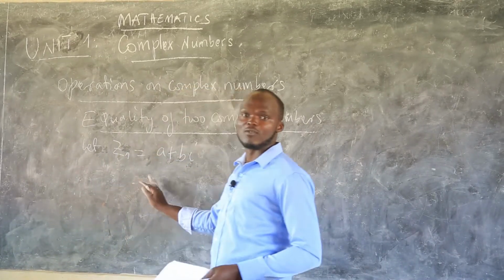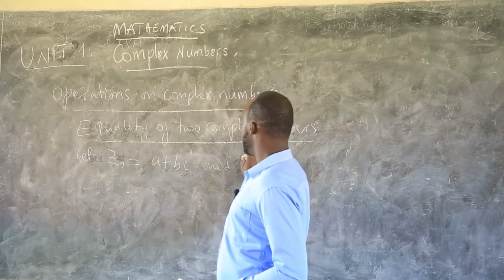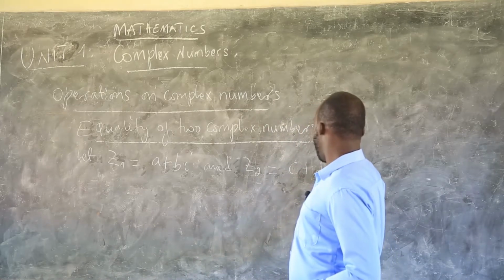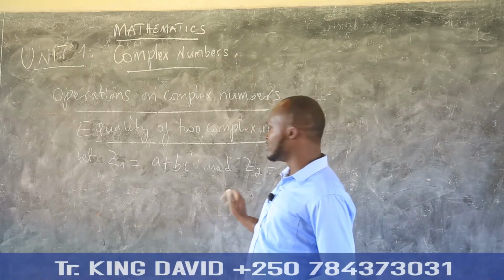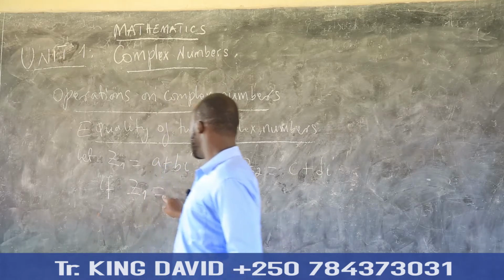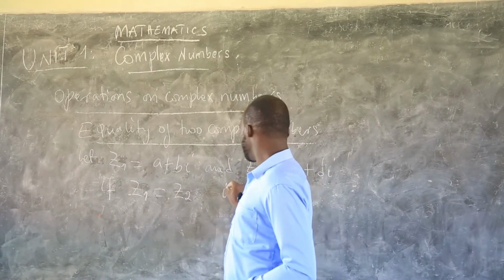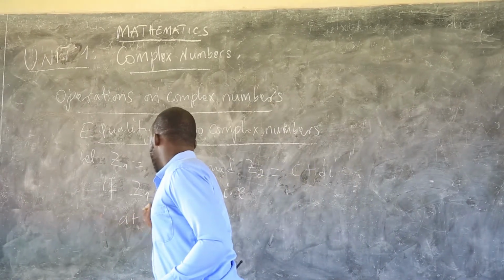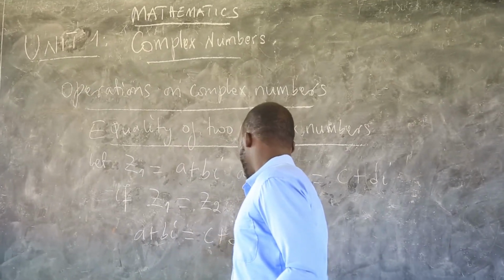You know this is the form of a complex number in the algebraic form. And Z2 equal to C plus DI. So now, if Z1 and Z2 are equal, that is to say, A plus BI is the same as C plus DI.